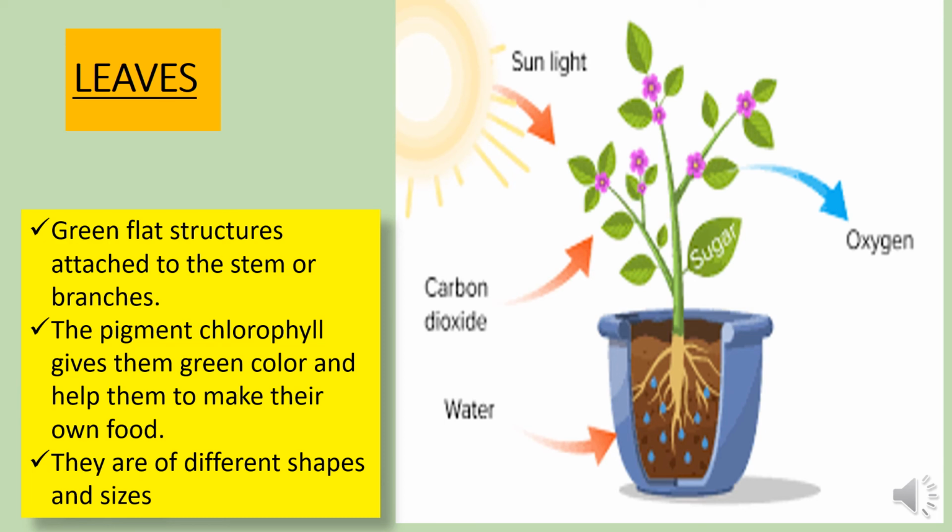So what is the role of leaves? The first role is that they prepare food for the plants. It is the food factory of the plant, through a process called photosynthesis, taking in carbon dioxide and giving out oxygen.